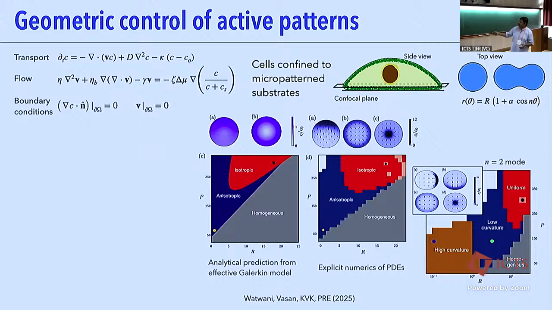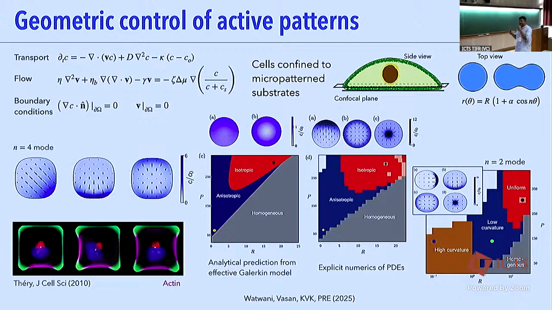And what we see is that there are patterns that seem to sense the boundary curvature. There are parameter regimes where the patterns go to high curvature, low curvature, or they're more or less uniform on the surface. The thing that I want to emphasize is that these patterns sense geometry. And this is something people have observed with actin patterns. Depending on the parameters, you can get patterns that localize to higher curvature regions, lower curvature regions, and so on.